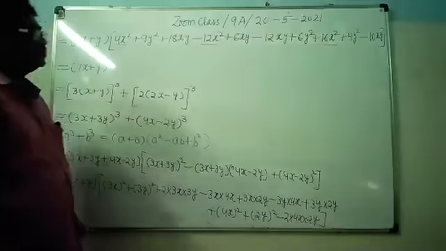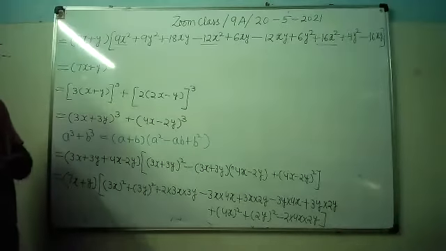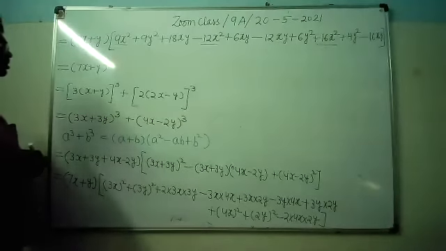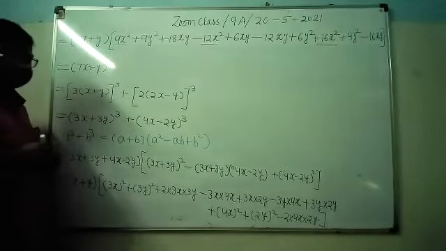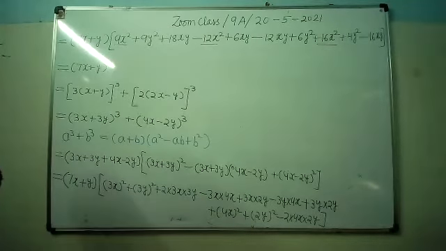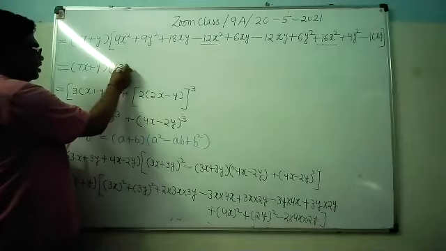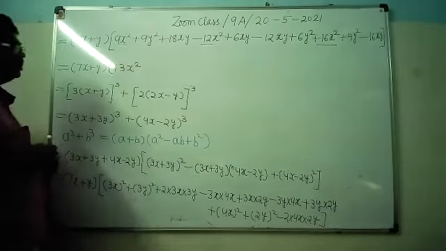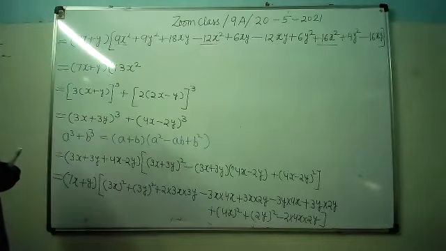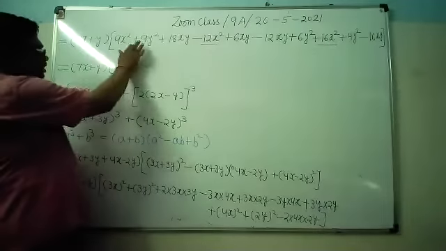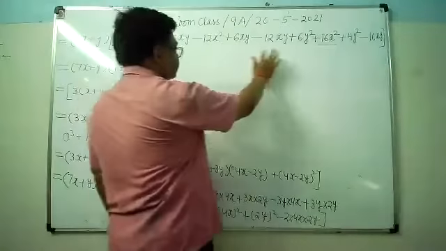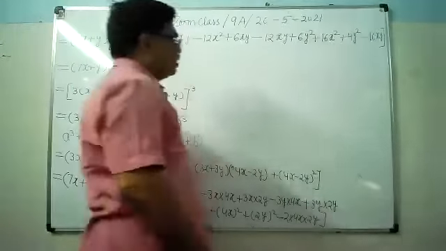कितना हो गया? Minus 3 plus 16, 13x square. Plus 13x square. It's clear? Minus 3 plus 16 equals to plus 13.